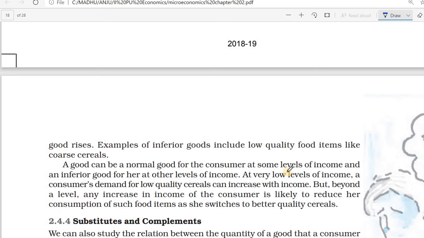That one we can call as inferior goods. Means low quality cereals, we know different types of quality products will be there in the market. Sometimes people who have less income will purchase low quality items. That one we can call as inferior goods.